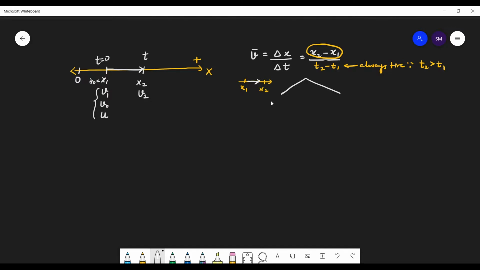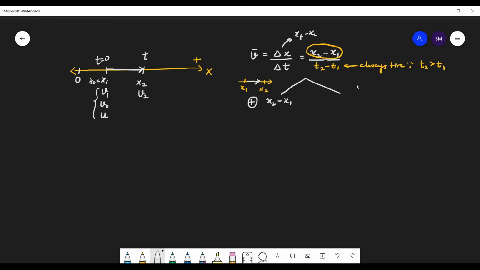So that's your final position. So change means final minus initial. So your final is x2 minus x1. So this number will obviously be positive. So you'll get a positive displacement.